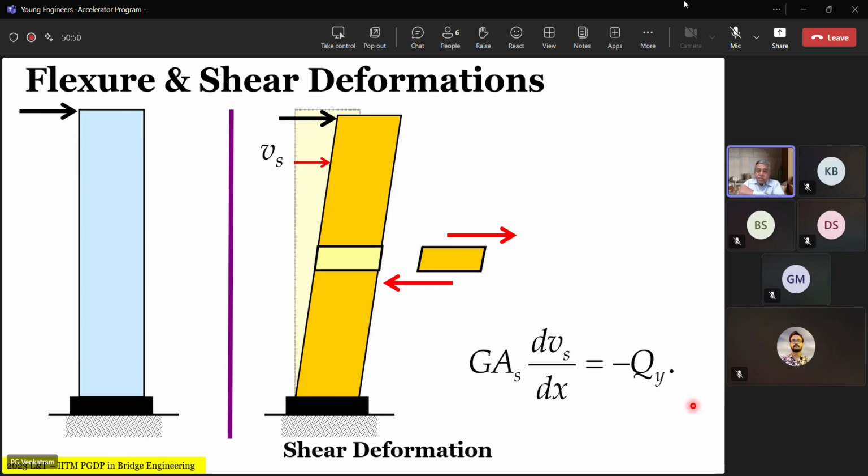Now comes a question: what is the significance of shear deformation? To understand the significance of shear deformation, do you recall the conventional flexural 4x4 stiffness matrix? Can anybody tell the terms of the traditional flexural stiffness matrix?